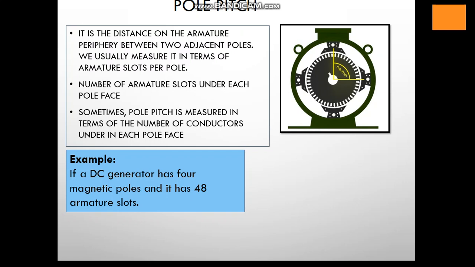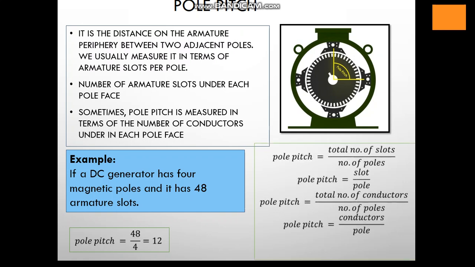So how do we identify the pole pitch? Pole pitch is 48 divided by 4. So there are 48 slots, divided by the number of poles, which is equal to 12. So what is the formula there?